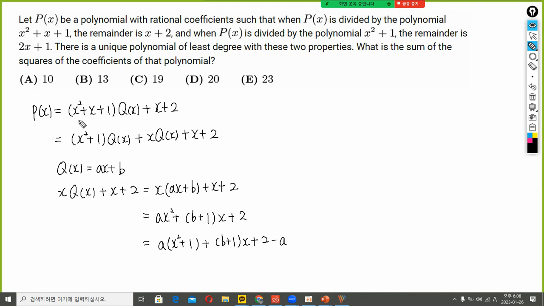So actually we can take this x squared plus 1 from the first expression. That means x times q(x) comes out. And in this case, the remainder is 2x plus 1. So that means when this one is divided by x squared plus 1, the remainder is 2x plus 1.